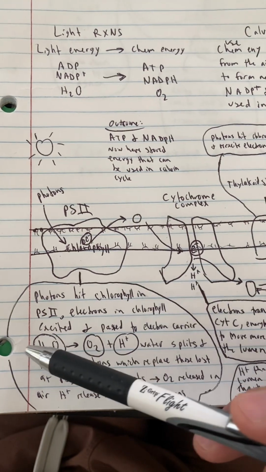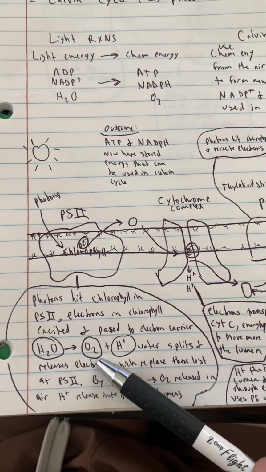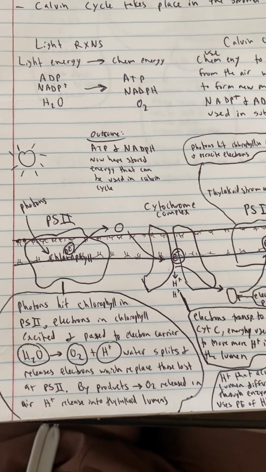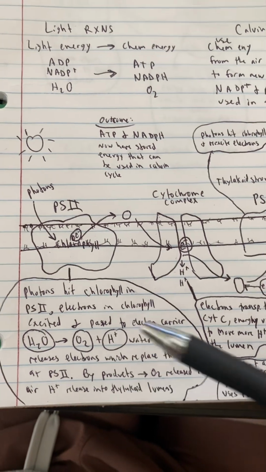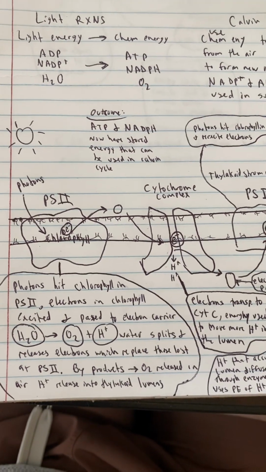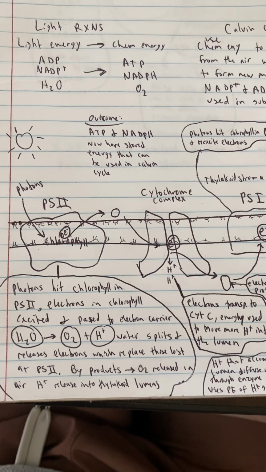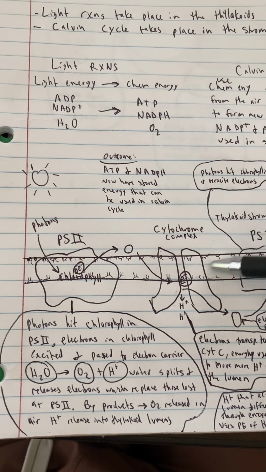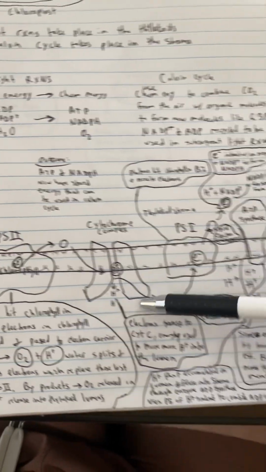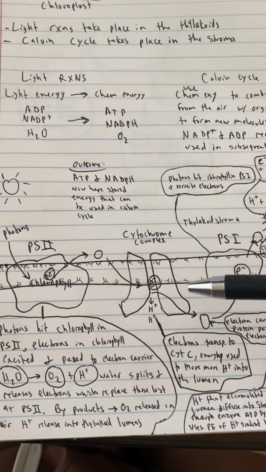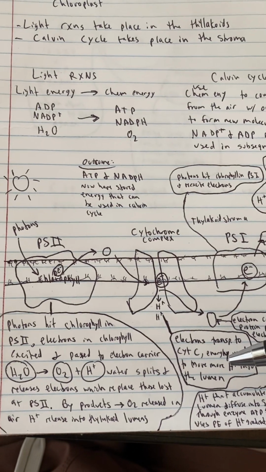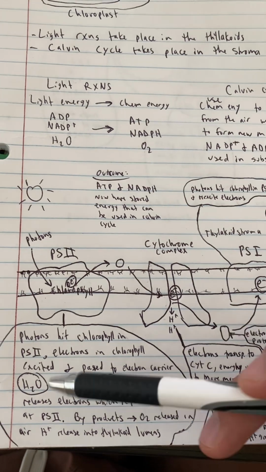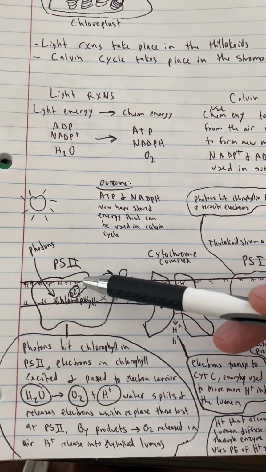You can see water splits into oxygen gas and protons. The byproduct O2 will get released into the air, and the protons will get released into the thylakoid lumen here. The water splitting also releases electrons, which replace the ones that were passed on.